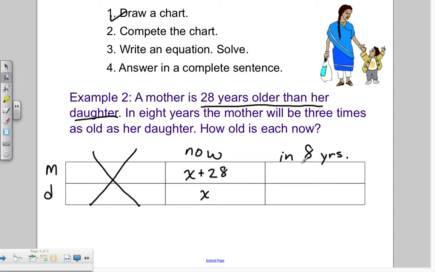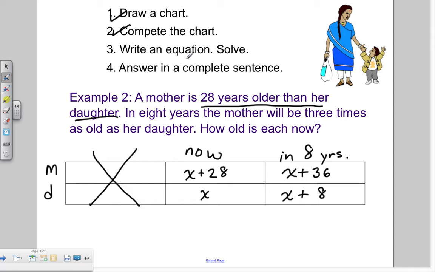Now I use the chart to fill it in. What am I going to be in 8 years? The mother is going to be x plus 28 plus 8 more, which means x plus 36. Well, the daughter in 8 years is going to be x plus 8. Okay, I've completed the chart.